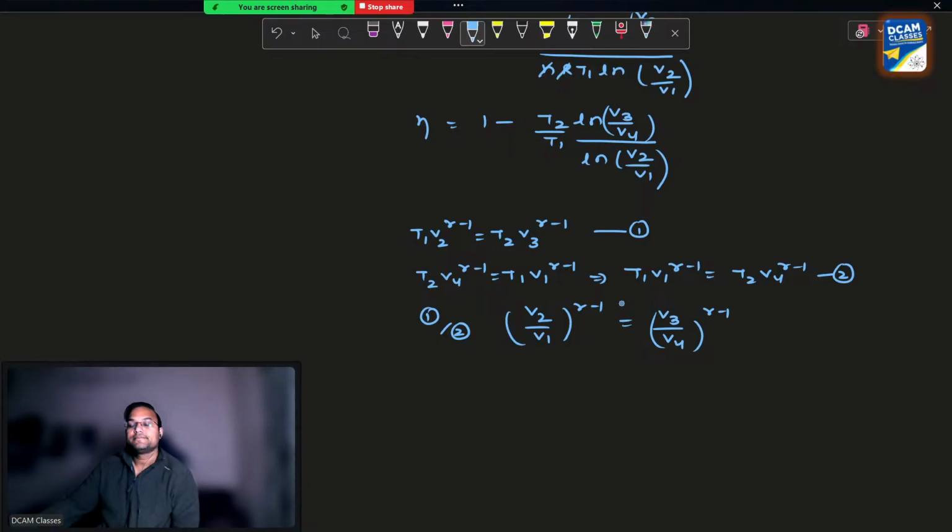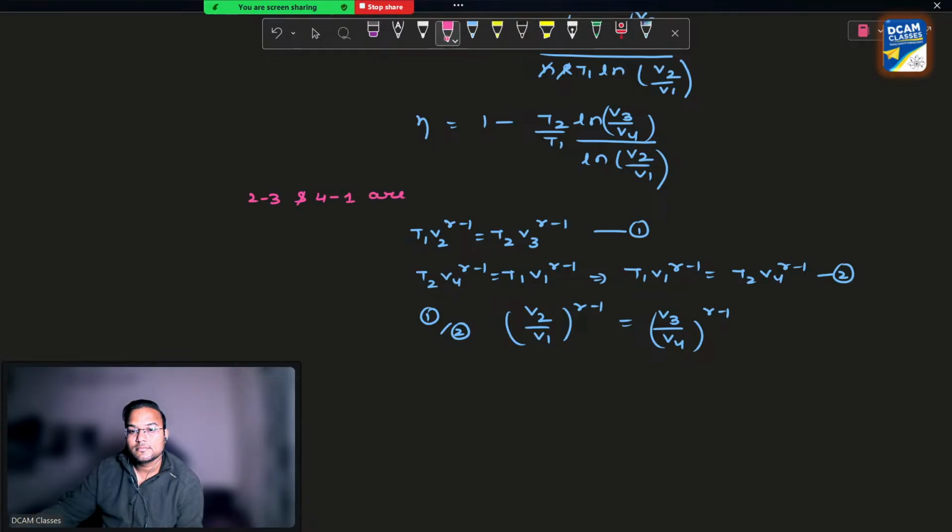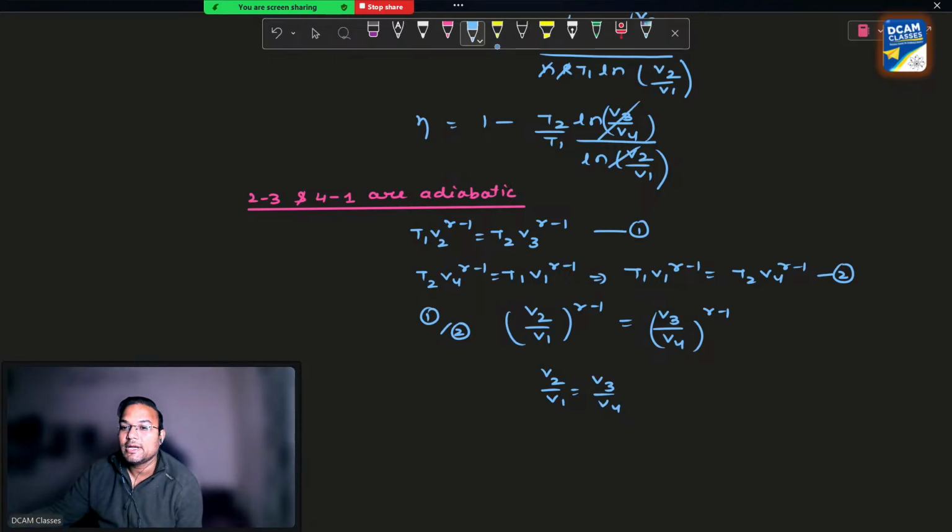Correct? So from here I can write V2 by V1 is equal to V3 by V4. So these two are getting cancelled out. So what's the final efficiency you are getting?